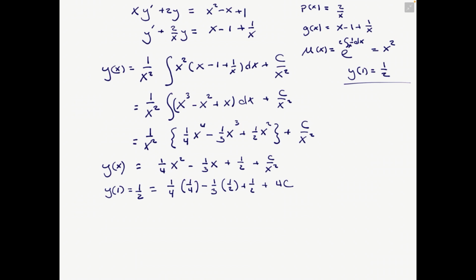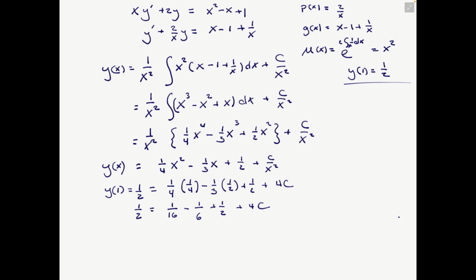And so this is interesting. We got 1/2 equals 1/16 minus 1/6 plus 1/2 plus 4c. So now we have to find a common denominator.